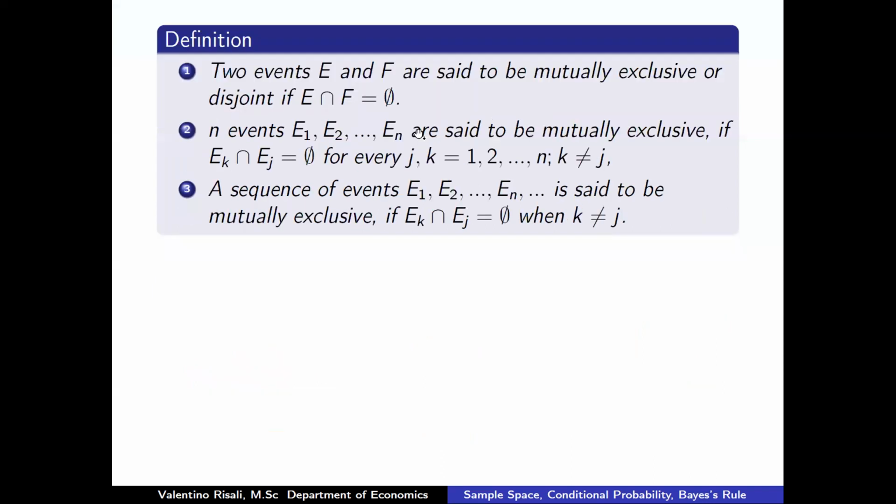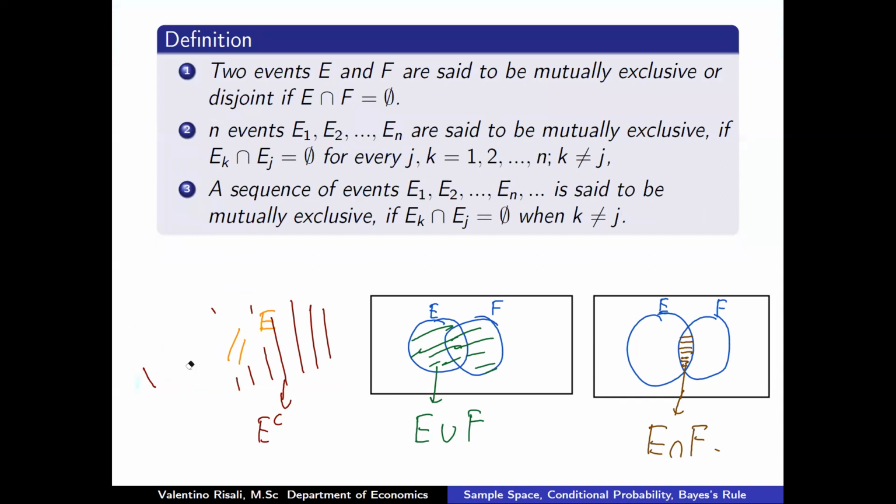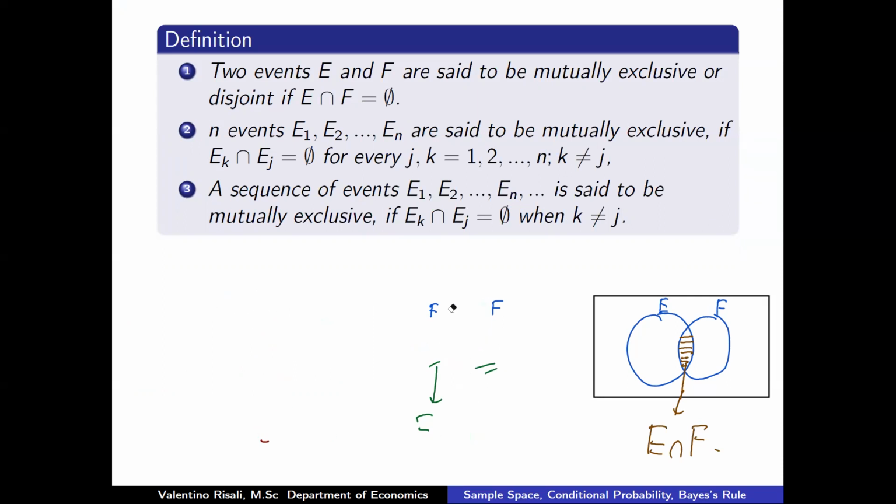After discussing the operations of sets, we go to the interaction between two or more sets. For the first definition, two events E and F are said to be mutually exclusive or disjoint if their intersection is an empty set.